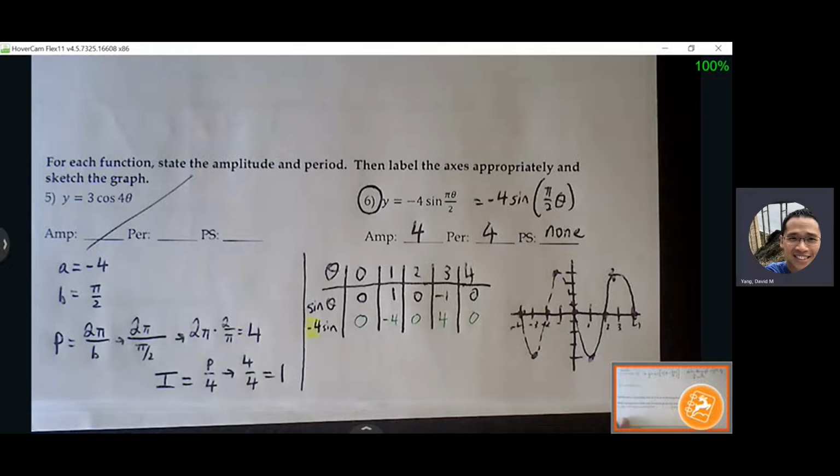So we find our b value, we go through our period formula, 2 pi over b, we go through our interval formula, taking the new period divided by 4, so we can subdivide and identify those easy y values that we want to graph.